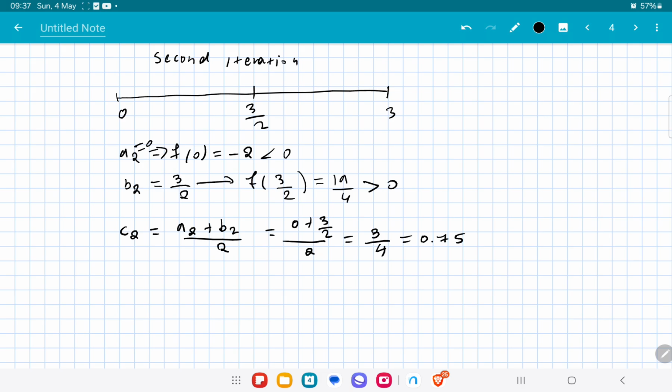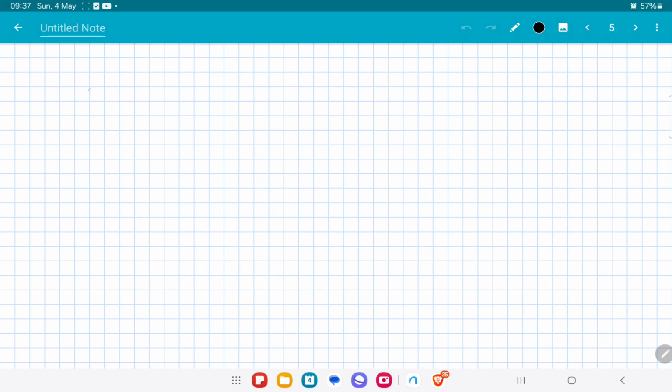Now I evaluate my function at 0.75, at 3/4, and it's going to be -1.15625. Okay, now I have to keep going with the iterations. Iteration number 3. What I have from before is 0, 3, 3/4, 3/2.